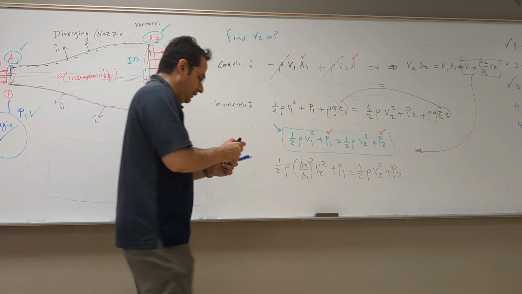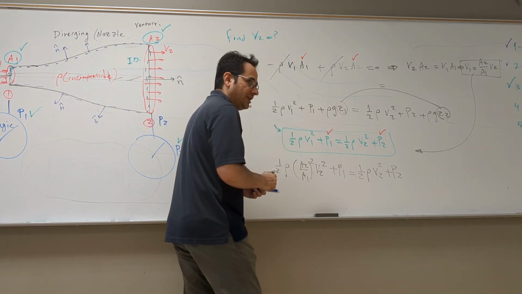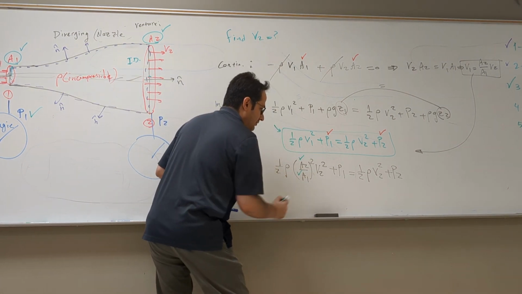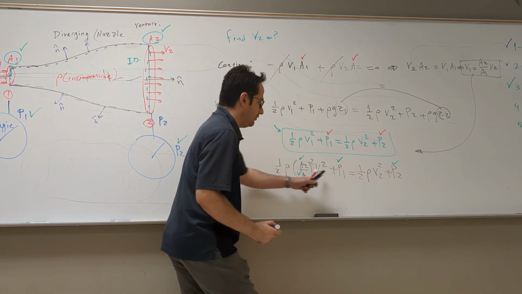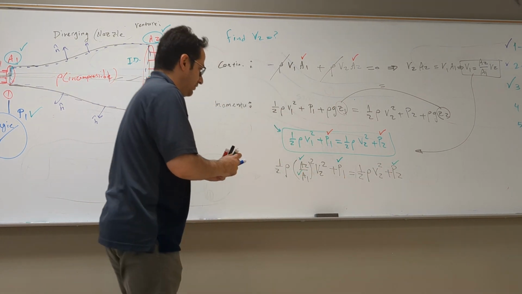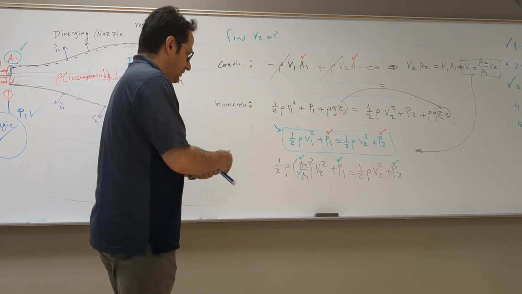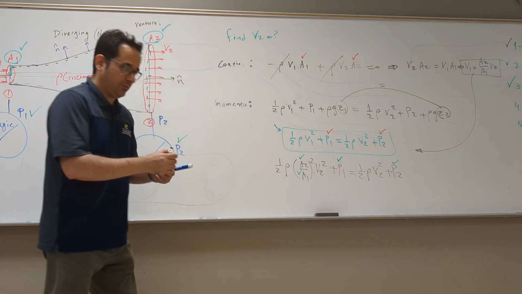Now solve for V2. Everything is given: the area ratio, the pressure, and the only unknown is V2. So how do you solve this for V2? Well, what I would do, I multiply both sides by 2.